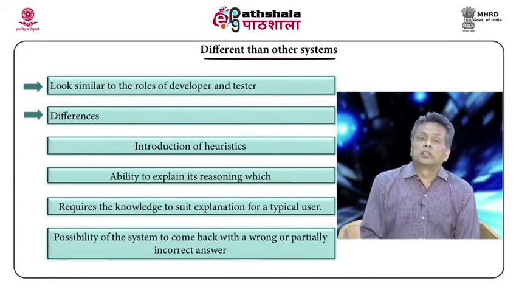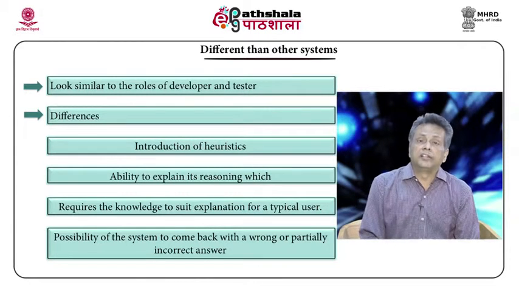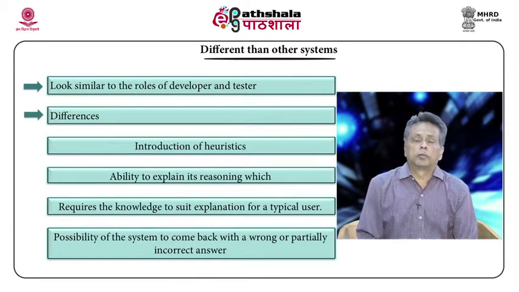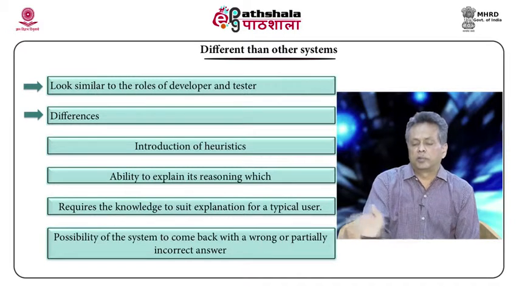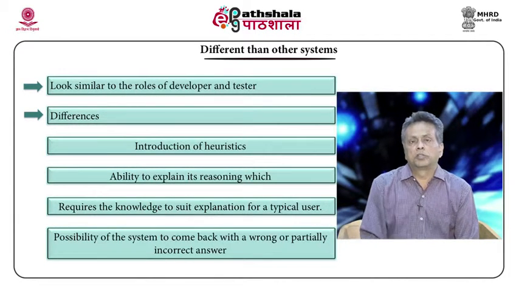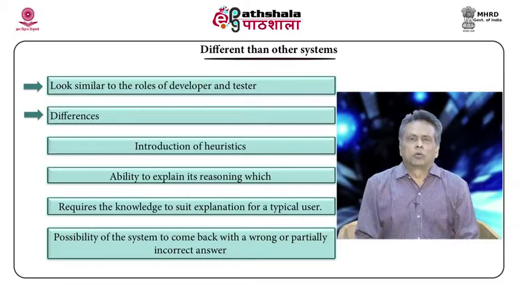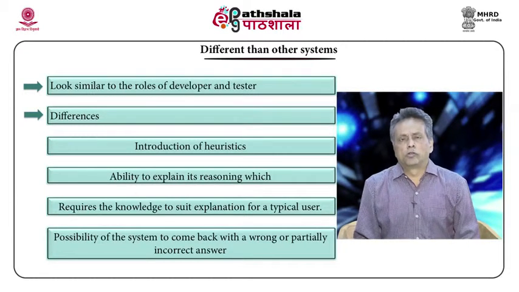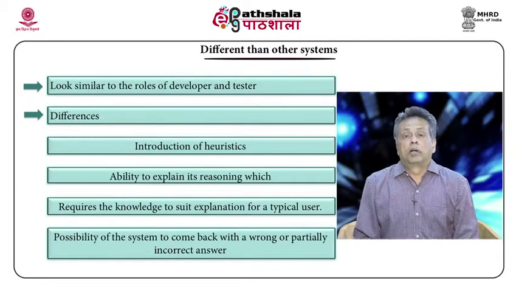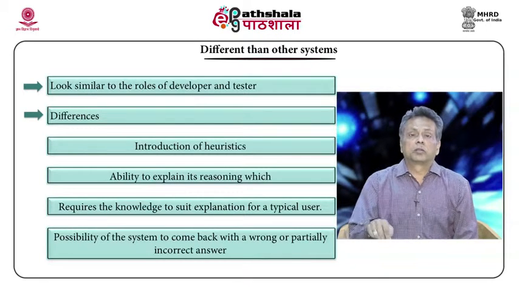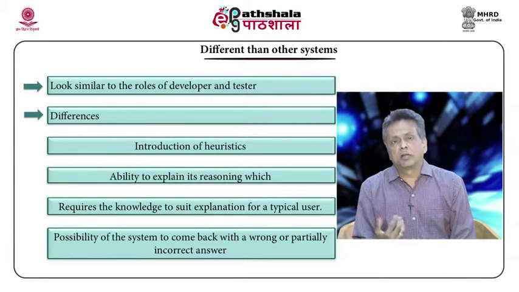The second important thing is the ability to explain the reasoning. For example, a common commercial system tells me that my payroll, my salary, is this much. I will never go and ask why. But if a medical expert system tells me that I have malaria, I will ask why it is telling me so.